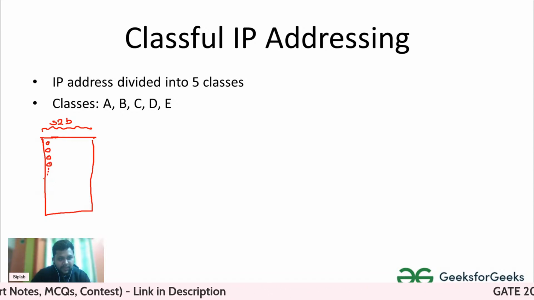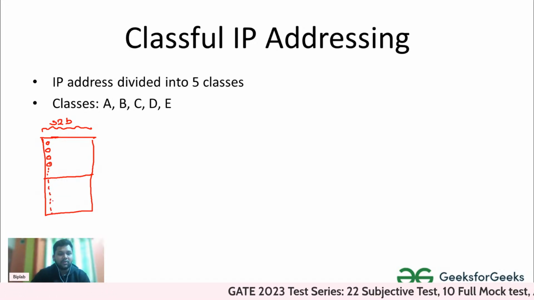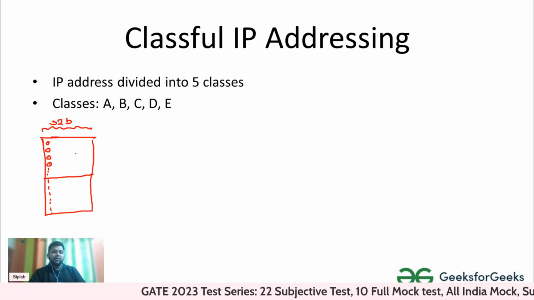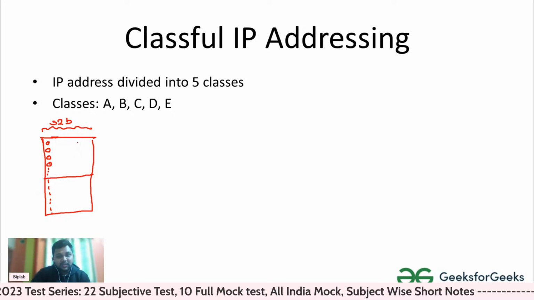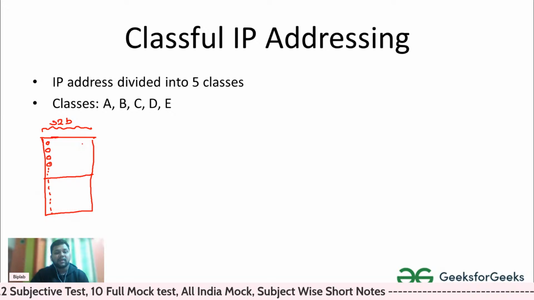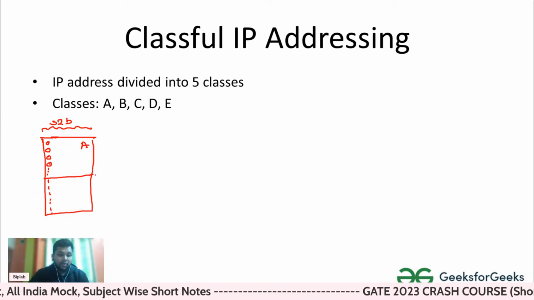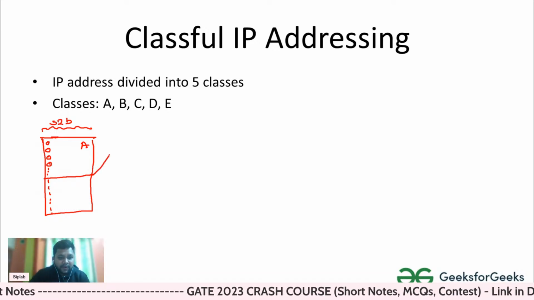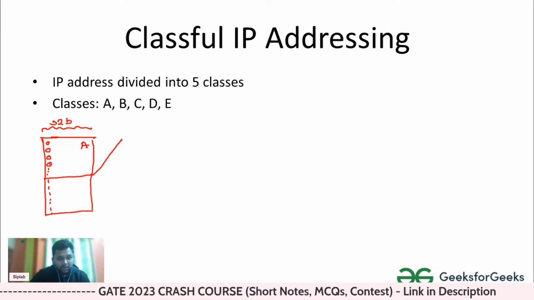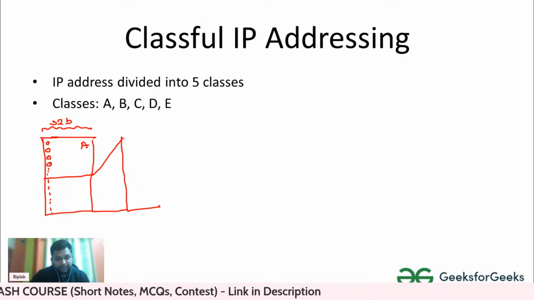There are some IP addresses which start with 0, and also some which start with 1. All the IP addresses where the first bit is 0, we call class A IP addresses. Now, all the addresses which start with 1 are further divided into two categories. How?